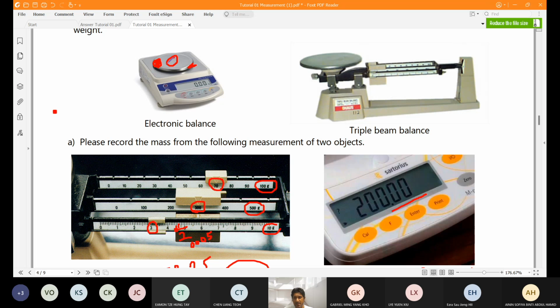You can say it is human error, due to the carelessness of the people. In a scientific experiment, this type of personal error, carelessness especially, is not acceptable.